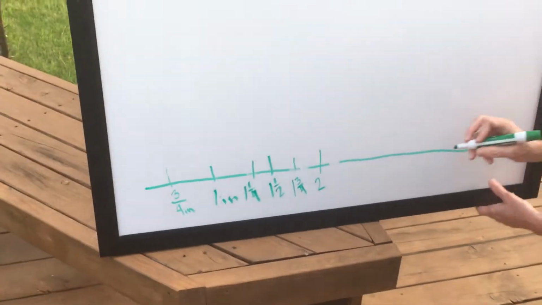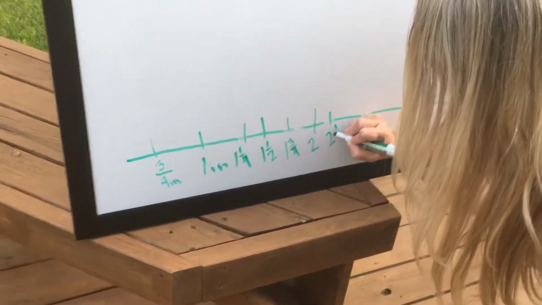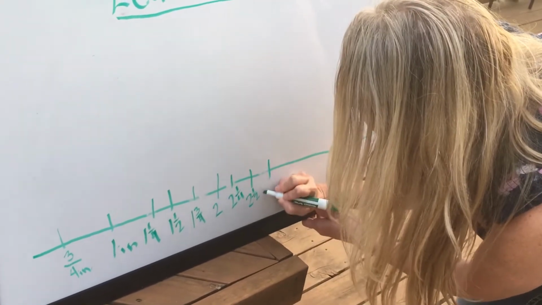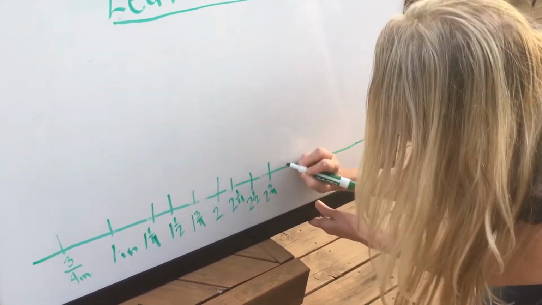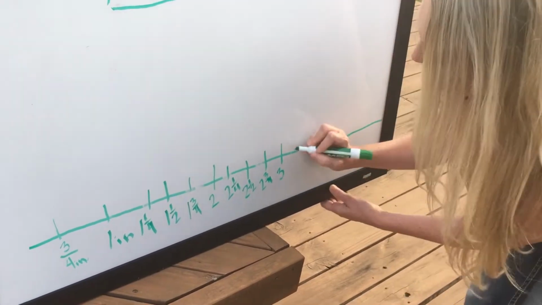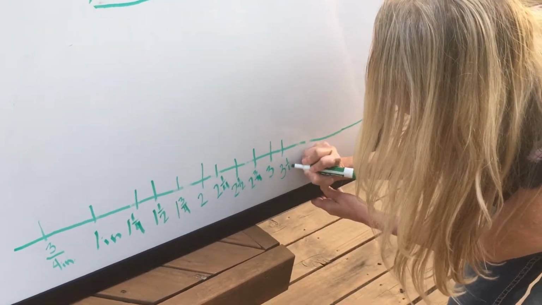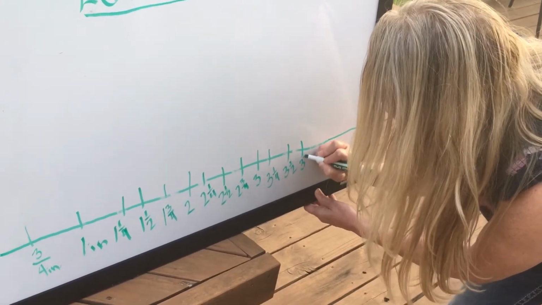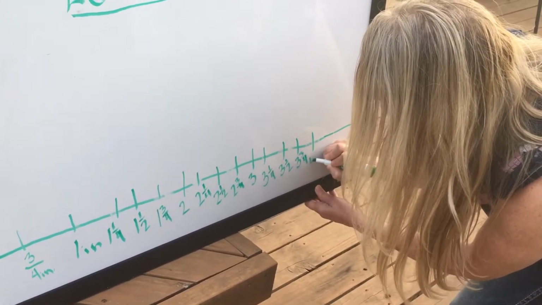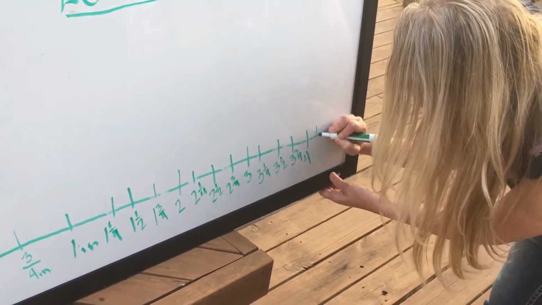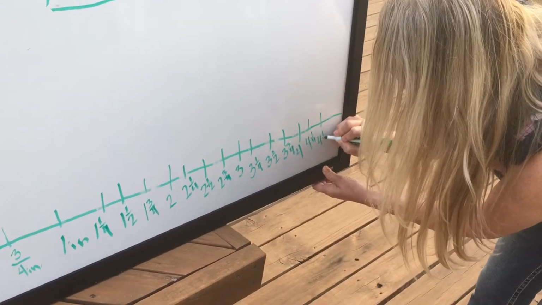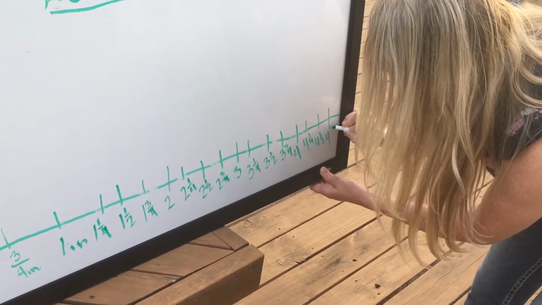Okay, after 2 whole, I'm going to go 2 1/4, 2 1/2, 2 3/4, 3 whole, 3 1/4, 3 1/2, 3 3/4, 4 whole. Whew, we're barely gonna make it. 4 1/4, 4 1/2, and 4 3/4 inches.